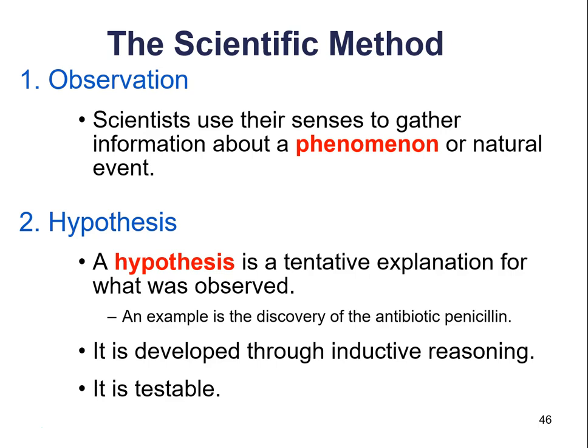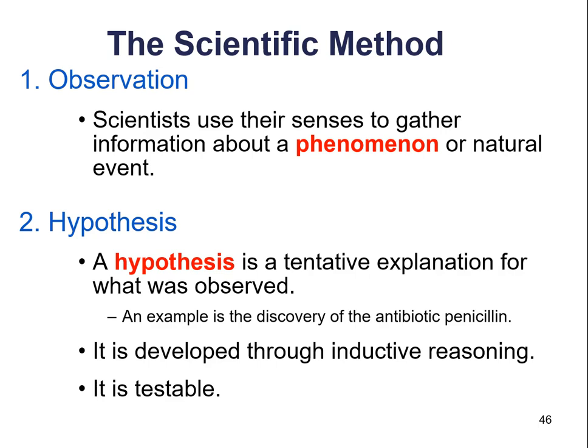So in terms of talking about these steps a little bit further, right? So observation: it says scientists use their senses to gather information about a phenomenon or natural event. I already gave you examples of observations, okay? And again, I'm sure you guys can come up with a whole bunch more on your own, okay? Then from those observations, you're going to develop a hypothesis. So what actually is a hypothesis?